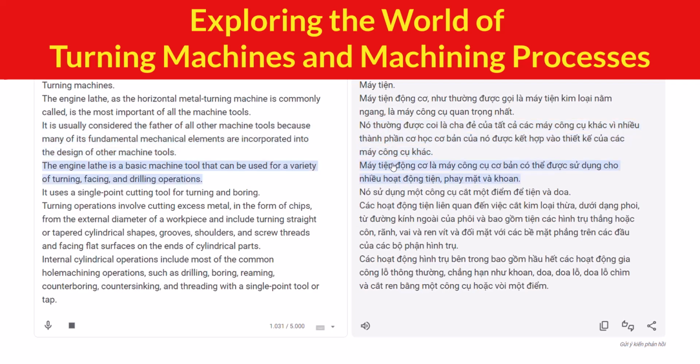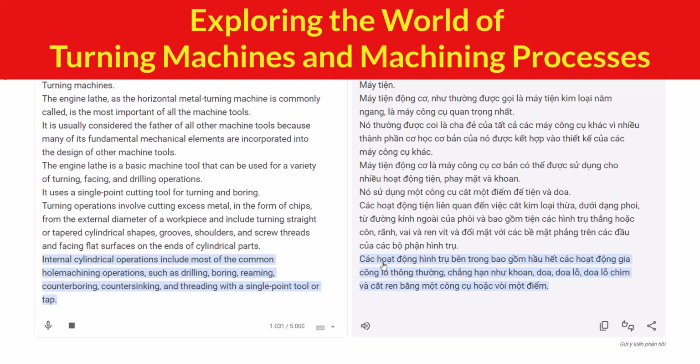The engine lathe is a basic machine tool that can be used for a variety of turning, facing, and drilling operations. It uses a single-point cutting tool for turning and boring. Turning operations involve cutting excess metal, in the form of chips, from the external diameter of a workpiece and include turning straight or tapered cylindrical shapes, grooves, shoulders, and screw threads and facing flat surfaces on the ends of cylindrical parts.